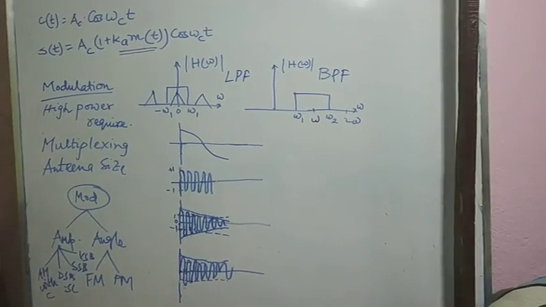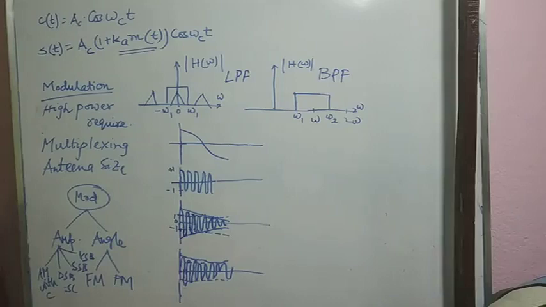So, what is modulation? Modulation is nothing but changing the amplitude or frequency or phase of the carrier signal in accordance with the message signal.